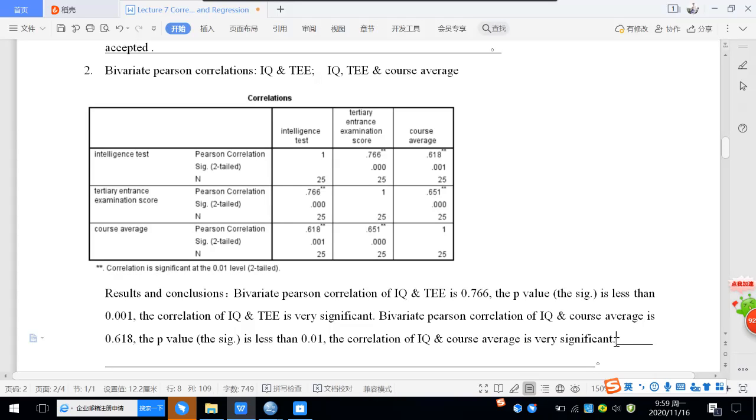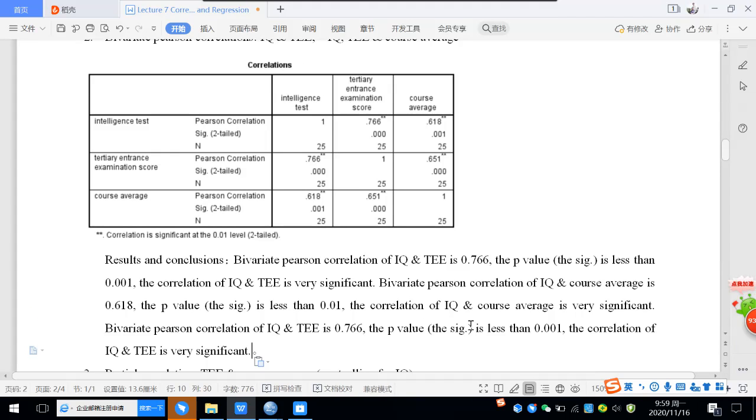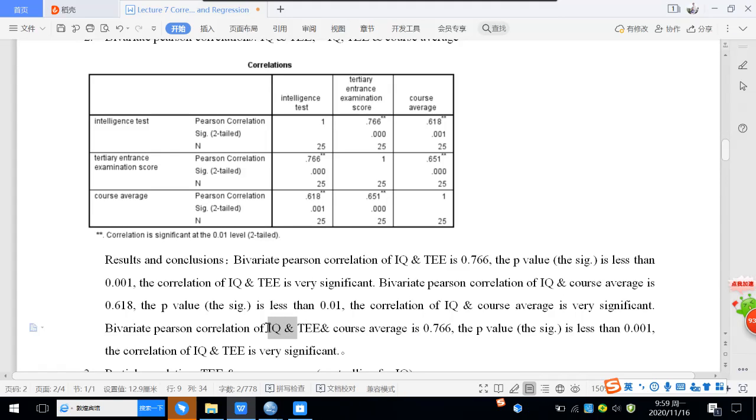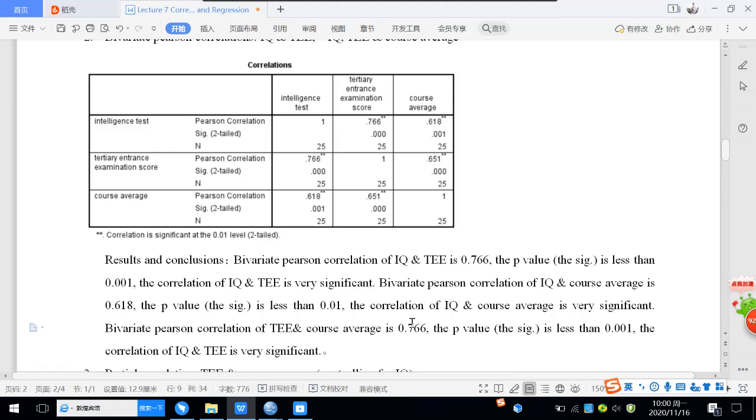Okay, and then next, the third one is TEE and the course average, which is 0.651.